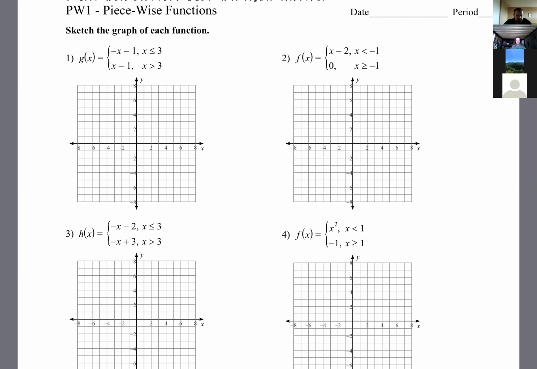Piecewise 1. Maybe I'll get out of here, then I'll bring it back.